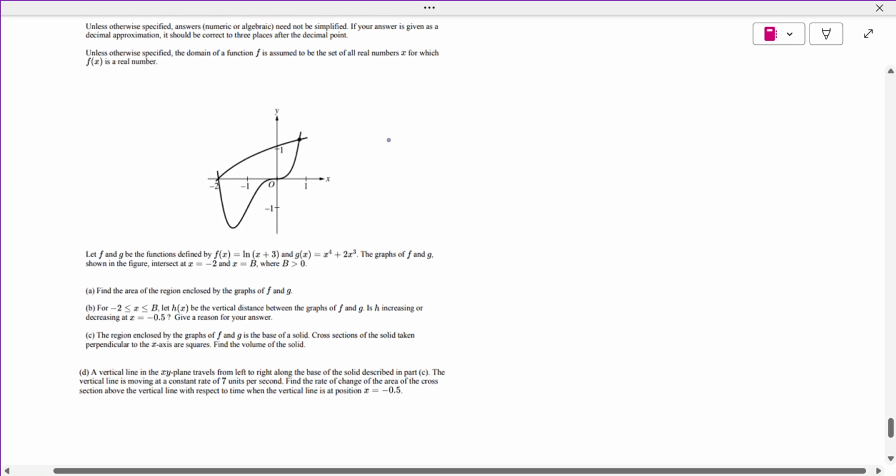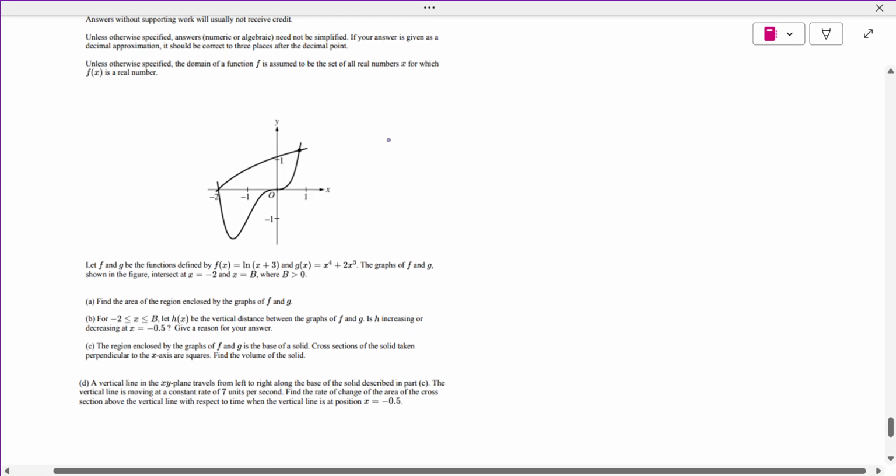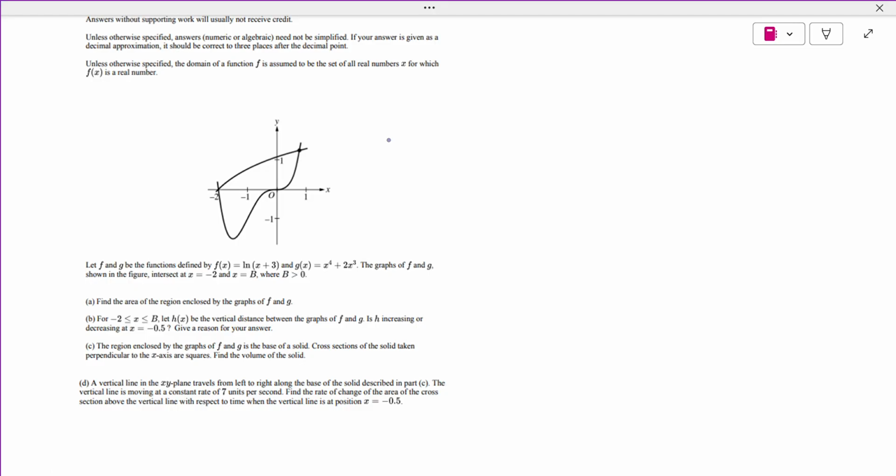Question 17. We have this region bounded by the functions. So before we start doing A, B, C, and D, let's put all the givens on the graph. This one is ln of x plus 3.